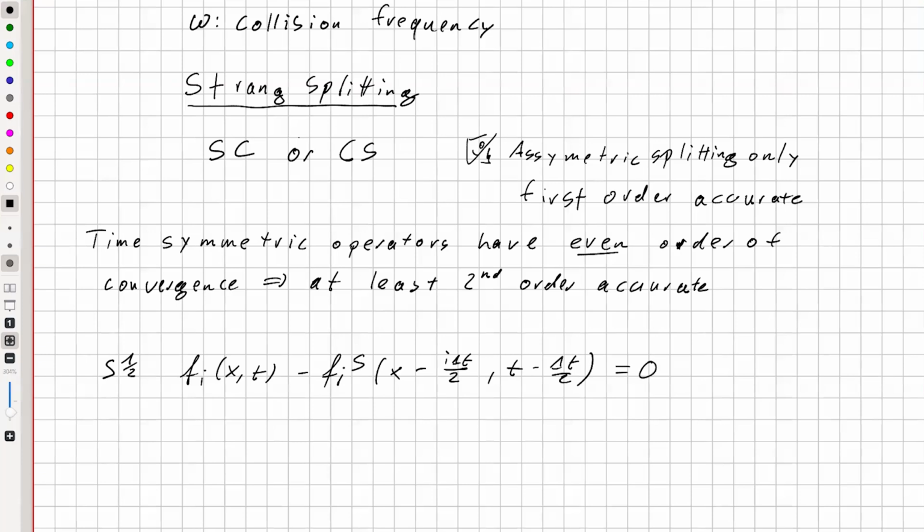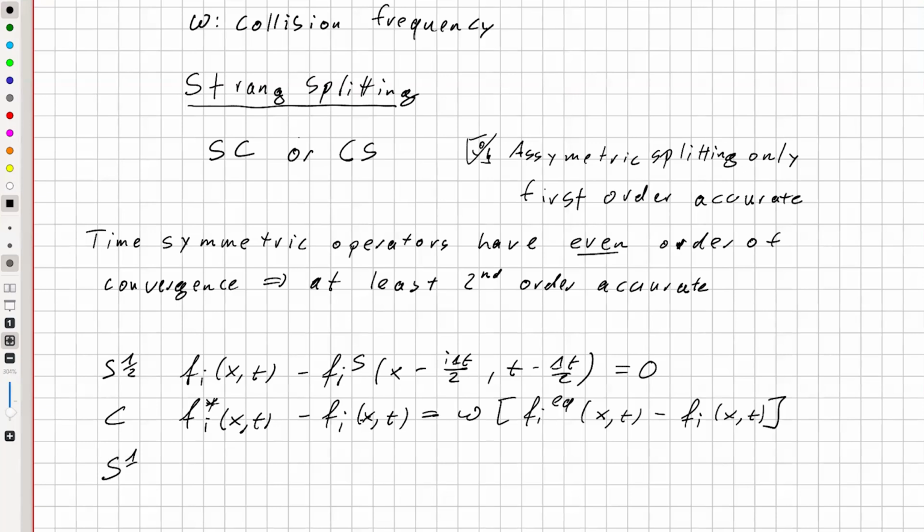Then we do the usual collision that we had before, which is omega times Fi equilibrium at x and t minus Fi at x and t.